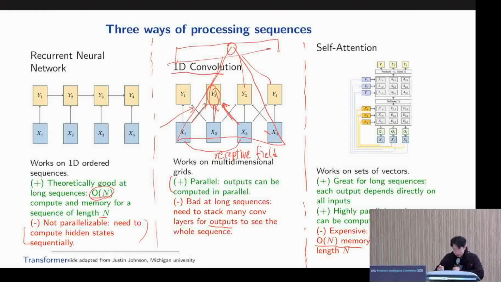Self-attention, which we learned today, is great for long sequences because each output has explicit access to all past tokens or their representations, and the computation is highly parallel during training. But it's very expensive, because we're basically taking the cross product of the keys and the queries.